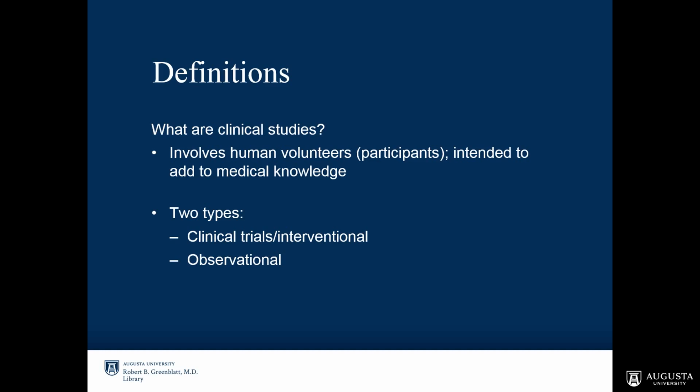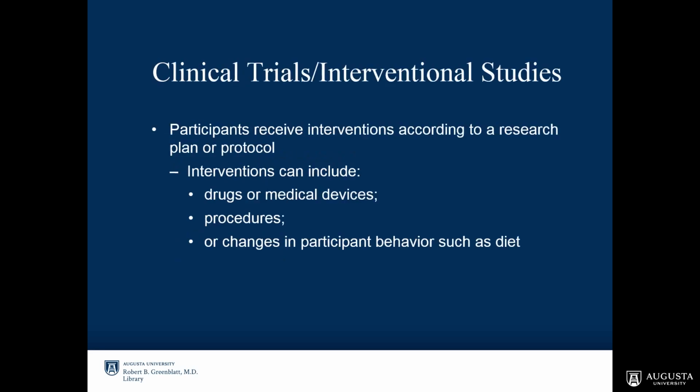So there are usually two types of clinical studies. The first one are clinical trials, or what Ms. Davies described as interventional studies. And then there are observational studies. And we'll go into some more detail about what each of those are.